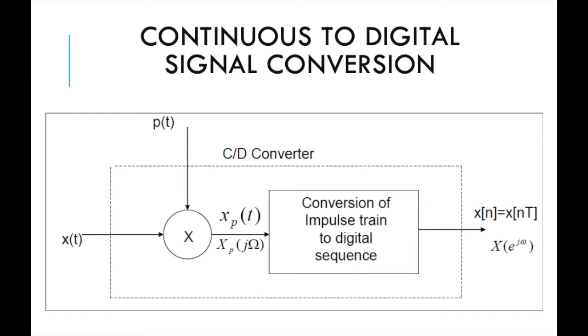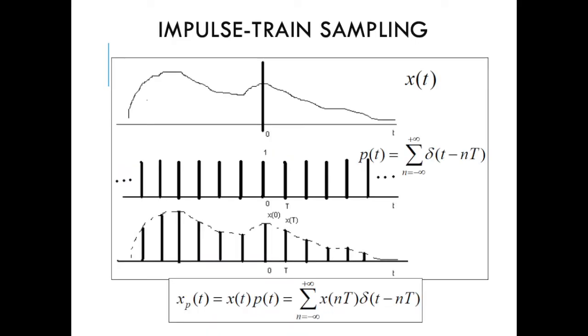Impulse train is your carrier signal, so your carrier signal will carry your signal. Your input signal will be convolved or multiplied with your impulse train. So you have x_p(t). Then we have the conversion of impulse train to digital sequences. This is the example of the graph.